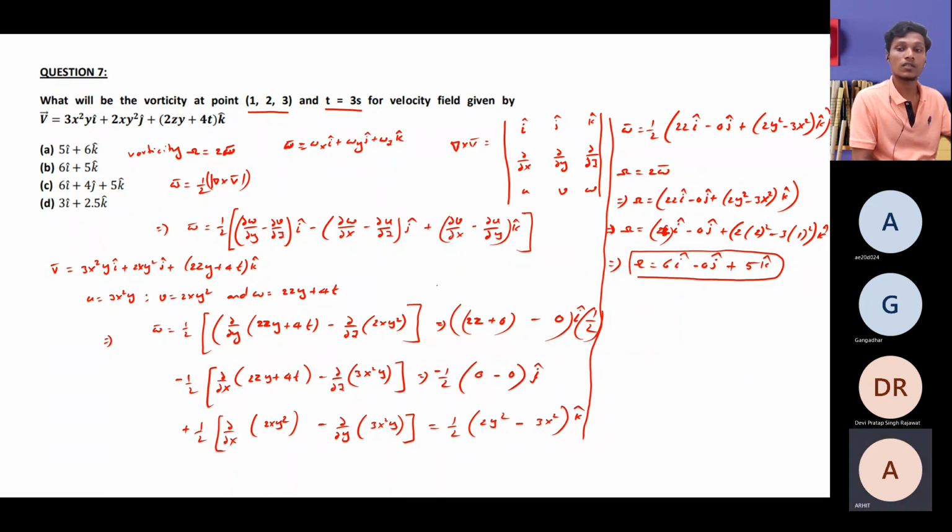Sir, can you just repeat the last step? Which one? Omega equals to, the last two steps? It's not 22, it's 2z. Is this your confusion? Yes, sir. I understood the whole sum, but the last two lines, how you implemented those points 1, 2, and 3?